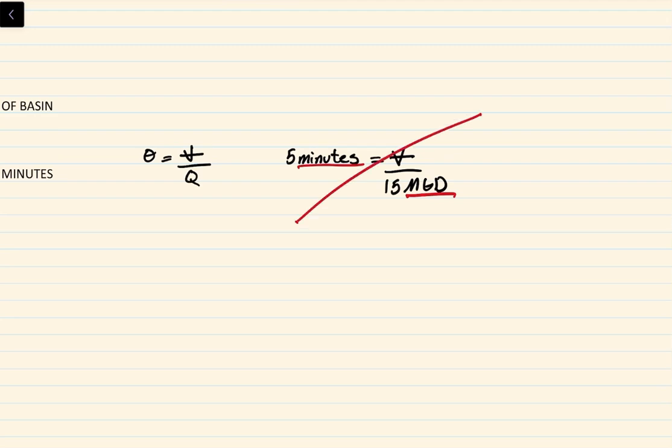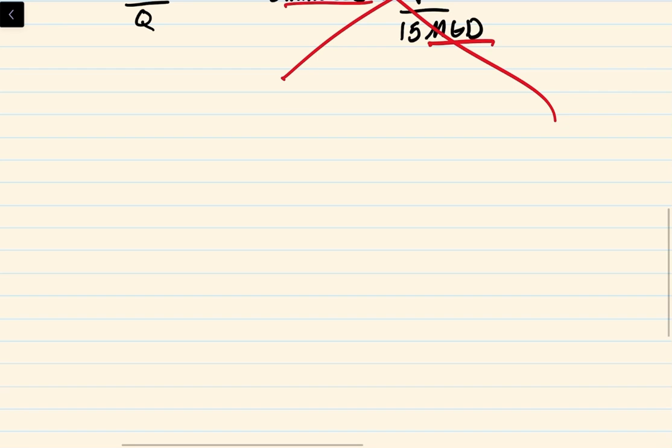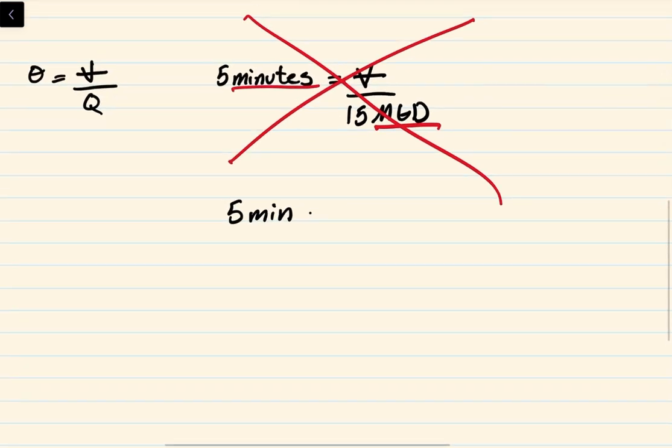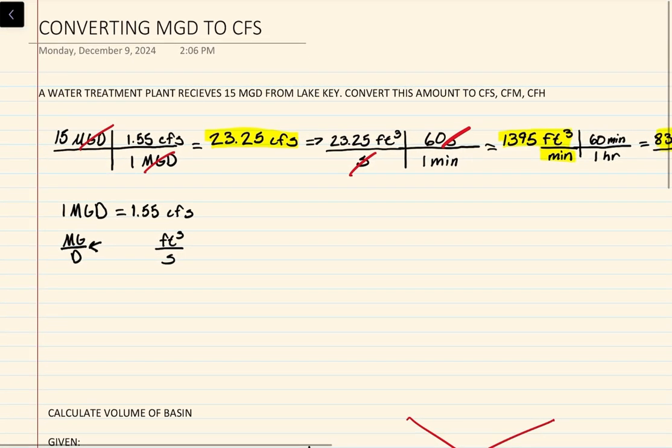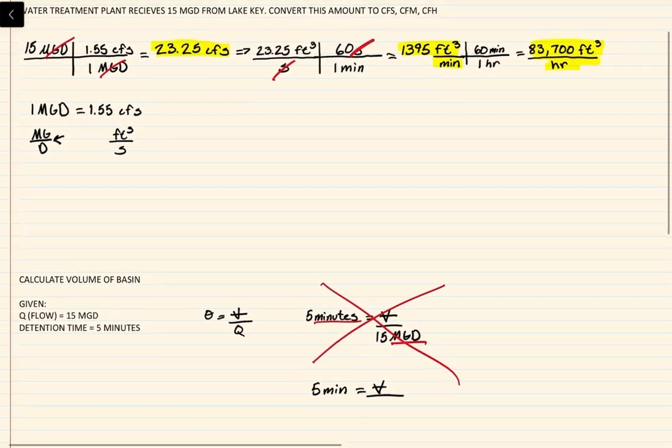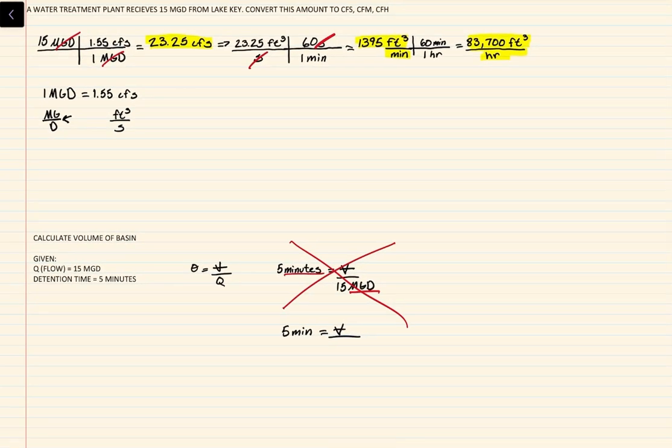So this is a no-no. What we need is for those two units to cancel out. So it's the same 15 MGD that we did up here. Which one of these will help us cancel out minutes? This one right here. So let's plug that in.